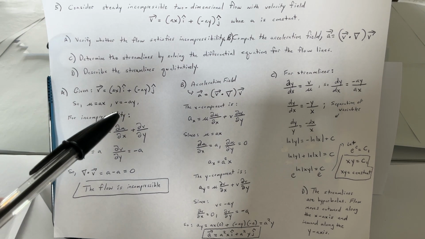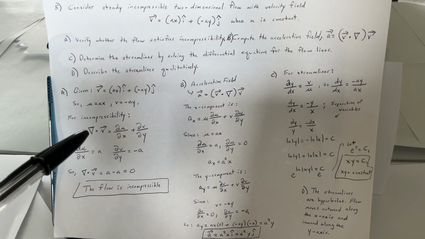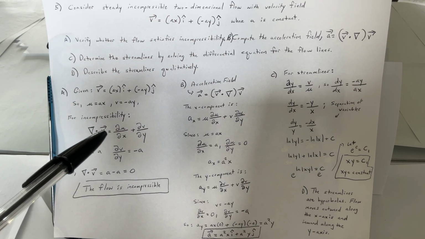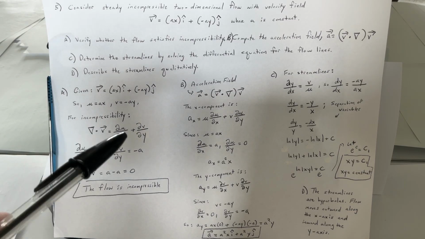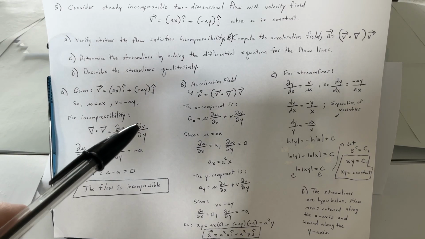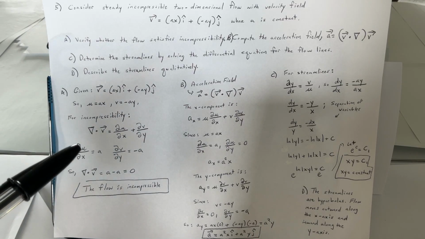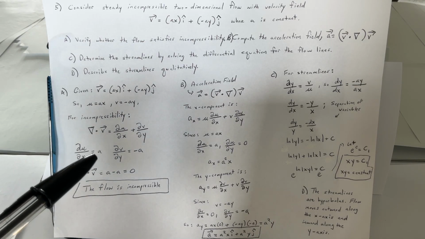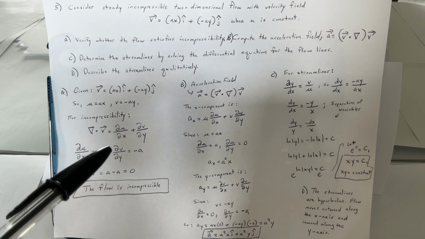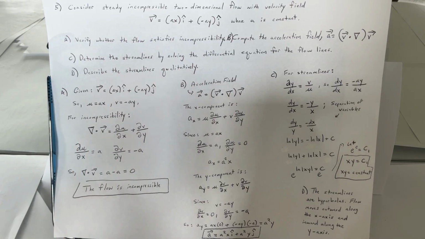And for incompressibility, you're going to take your del operator and dot it with your vector. So that's going to equal the partial derivatives of du dx plus dv dy. So du dx partial is a, when you take the derivative there, and dv dy partial is negative a.